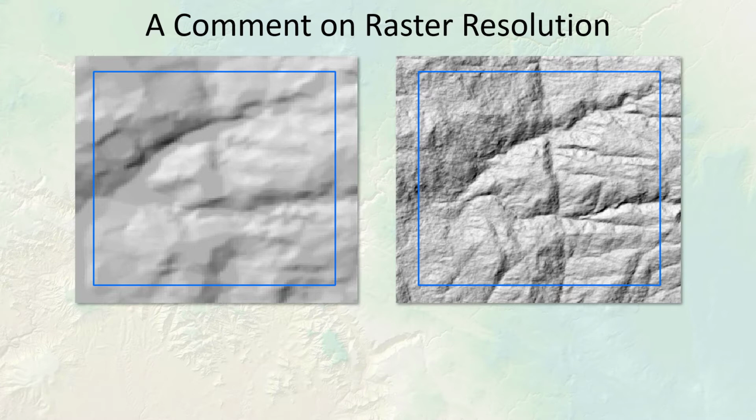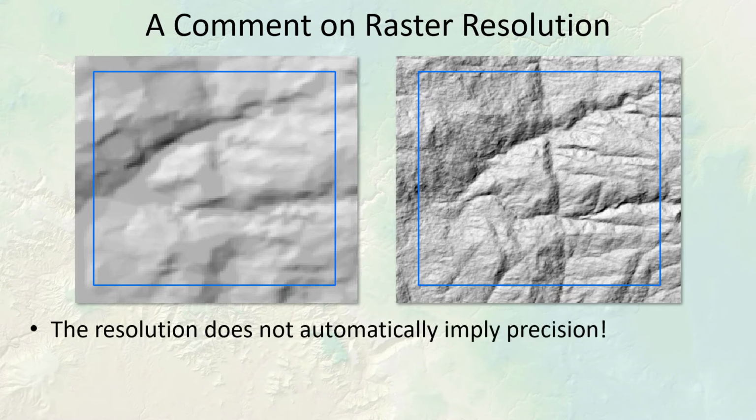The image on the right is the same area, and it has the exact same resolution, but the image on the right clearly has much more detail of the landscape. So both of these have the same resolution, but you can tell that the one on the left was likely resampled from a coarser resolution raster, and so you didn't get all the data that you thought you got.